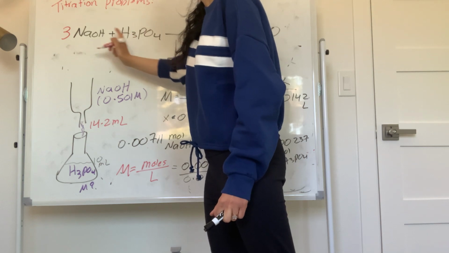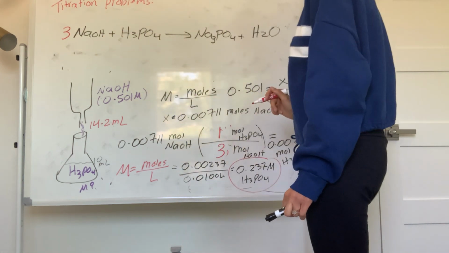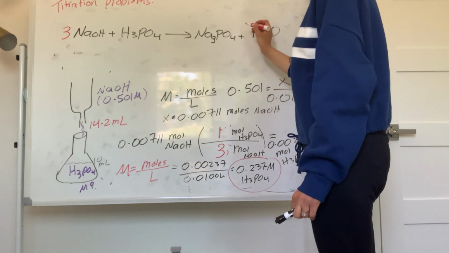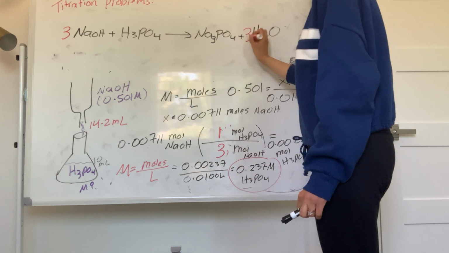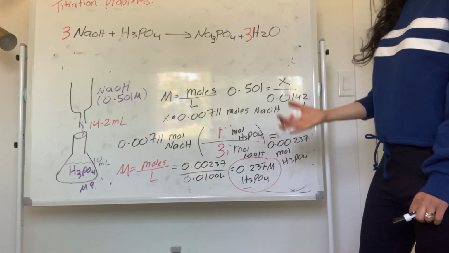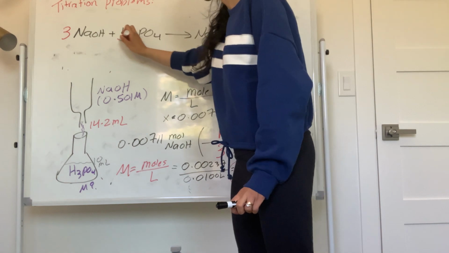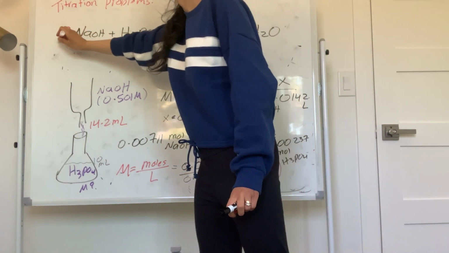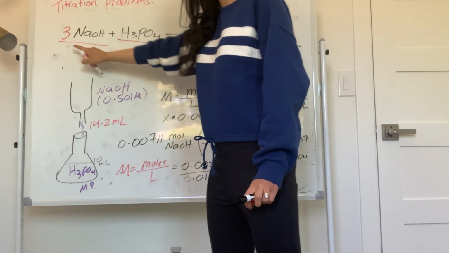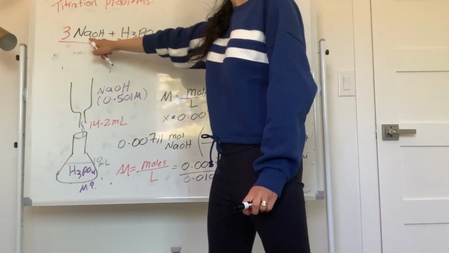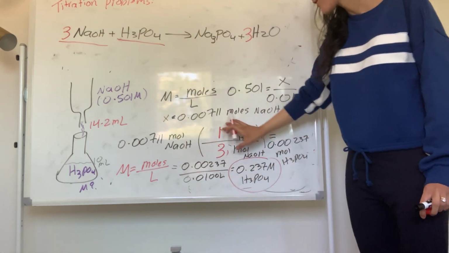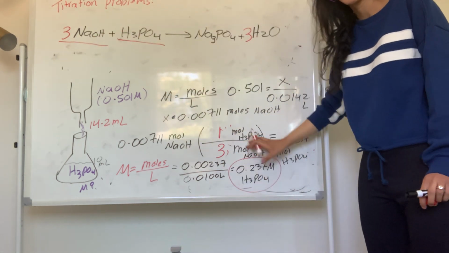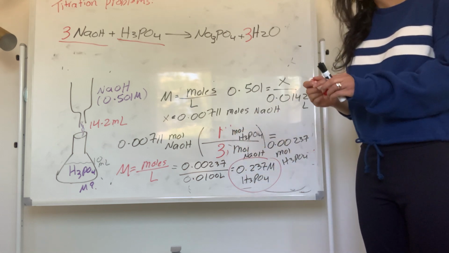I have 3 hydrogen here, 3 hydrogen here, that would be 6, so I add a 3 over here in front of the water. Now, by doing this, here is a mole ratio: 1 phosphoric acid for 3 NaOH. And that's what I had over here.